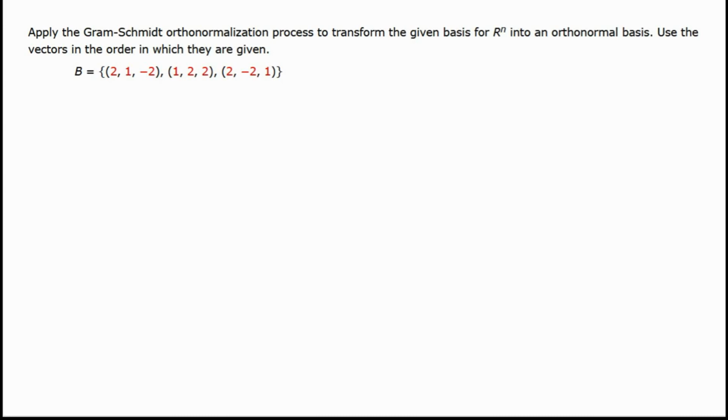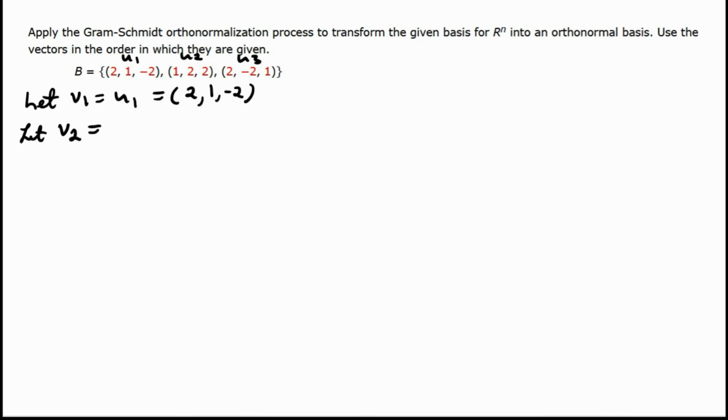So we're going to convert these vectors in this basis to an orthogonal basis. We first say, here we have u sub 1, u sub 2, and u sub 3. So let v sub 1 equal u sub 1. So this is 2, 1, negative 2. That's given, so that's easy.